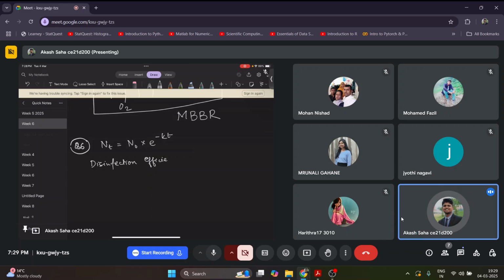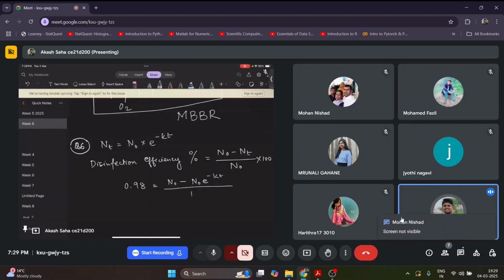So disinfection efficiency percentage, how will we calculate it? Whatever was present minus the final, divided by the initial, into 100. We need 98% efficiency, so it will be 0.98 equal to N naught minus, instead of Nt we will write again N naught e to the power minus kt, divided by N naught, into 100.